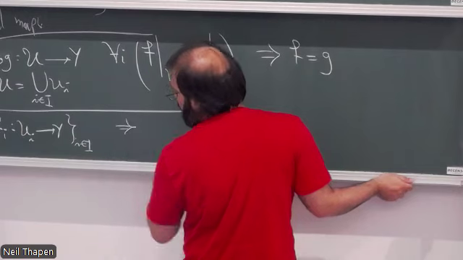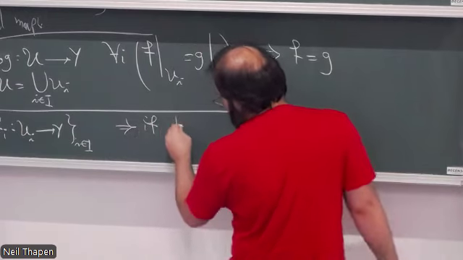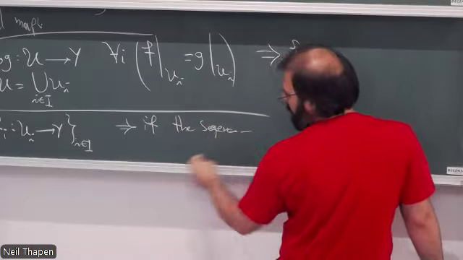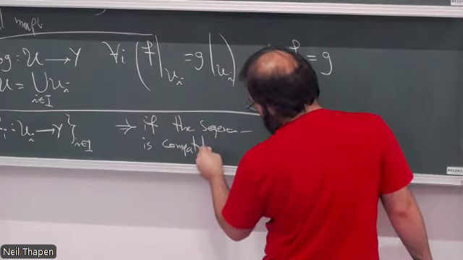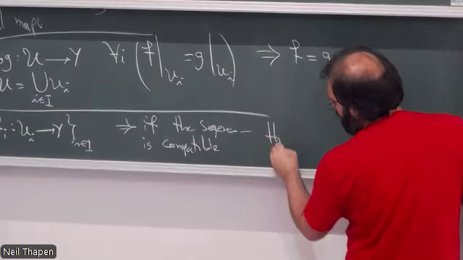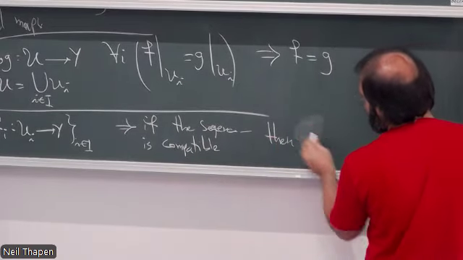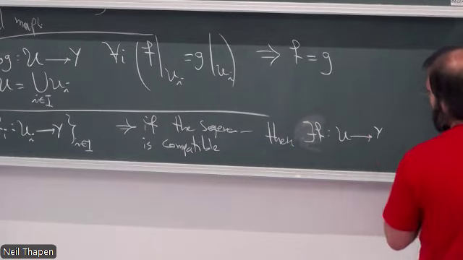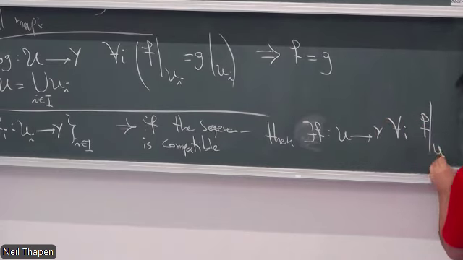Then if the sequence is kind of compatible, then there exists a unique f, or actually one f at least, from U to Y, such that for any i, f restricted to Ui is fi.